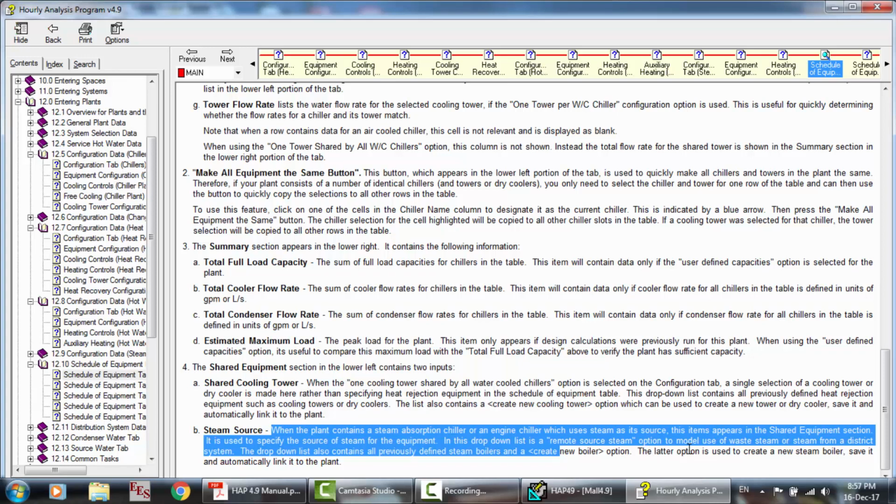The drop-down also contains all previously defined steam boilers and the create new boiler option. The latter option is used to create new steam boilers, save them, and automatically link them to the plant. So here the chilled cooling tower.